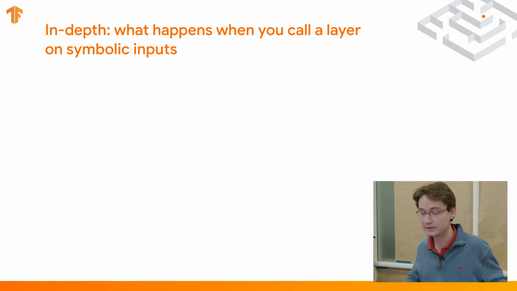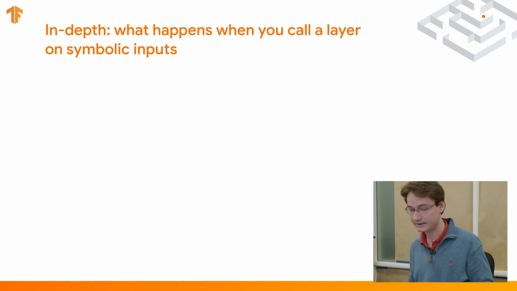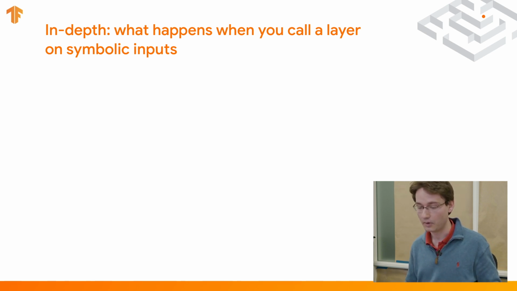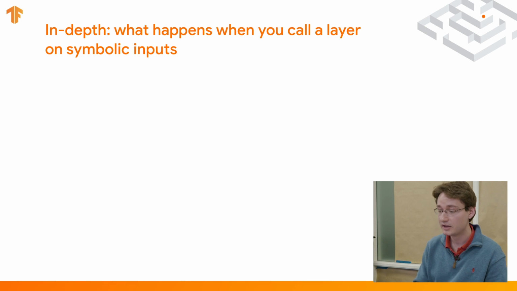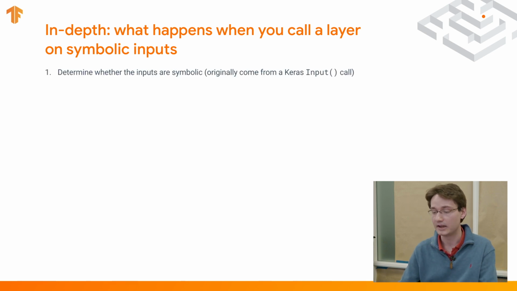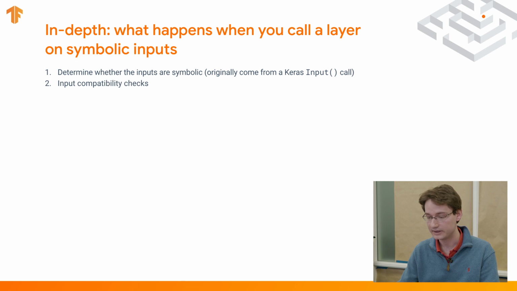So let's look in a lot of detail at how all of this is implemented. What happens when you call a layer instance on a bunch of symbolic inputs? The first thing we do is static type checking, determining whether all the inputs are compatible with this layer.